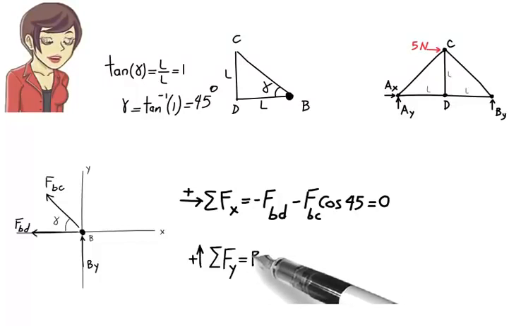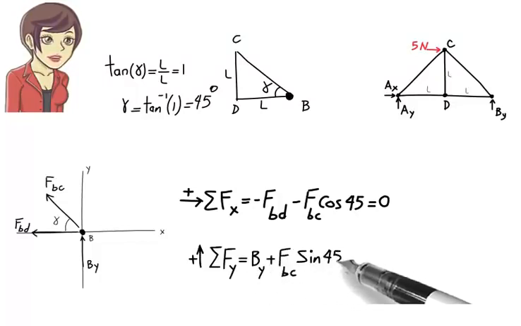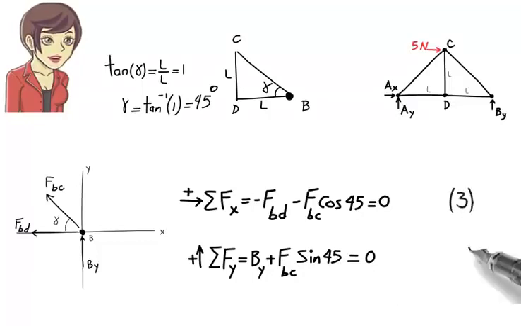Sum of the forces in the y direction equals BY plus FBC sine 45 equals 0. Let's number these equations 3 and 4.